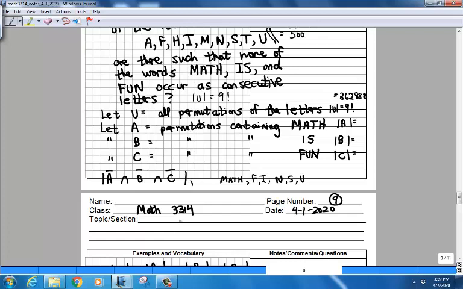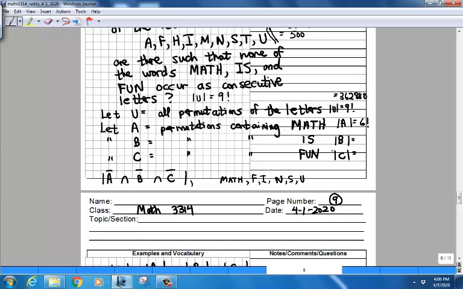So permutations that contain the word math are really just permutations of these 6 items: this block of 4 letters, and then these other 5 individual letters. And we know how many permutations there are of 6 items. That's going to be 6 factorial.